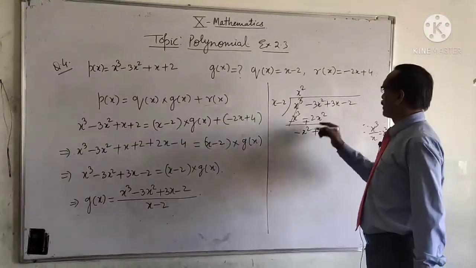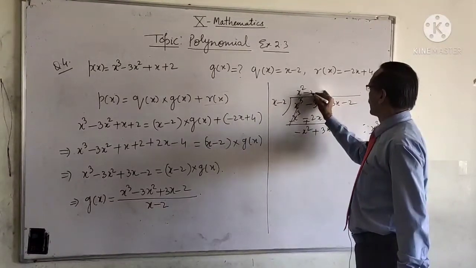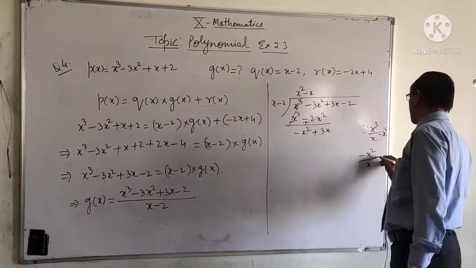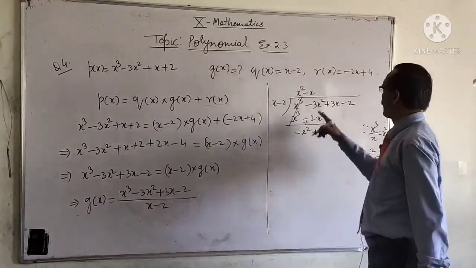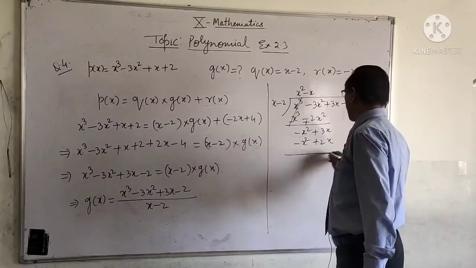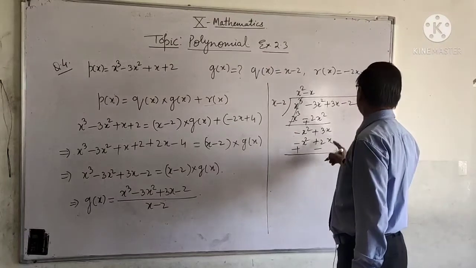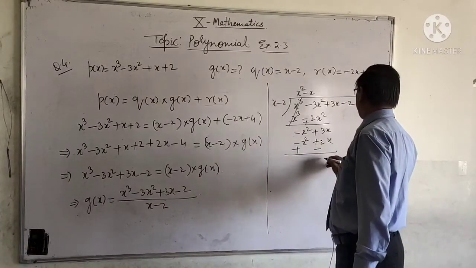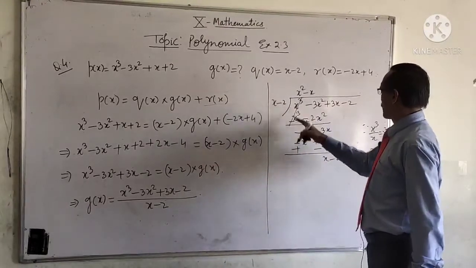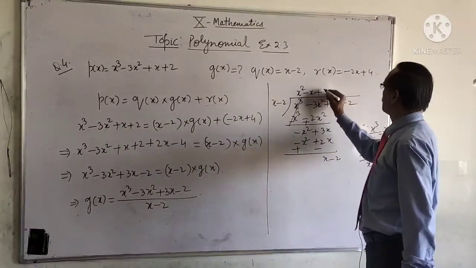Now the second term of the quotient is minus x, since it is minus x square divided by x, we get minus x. So minus x^2 plus 2x. Then plus minus, then it is x minus 2. Then there is x minus 2, it is also x minus 2, so it is plus 1.